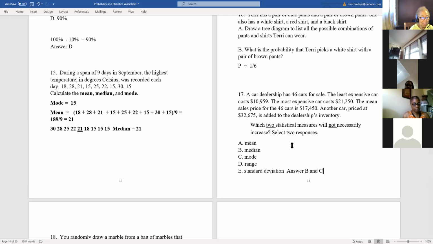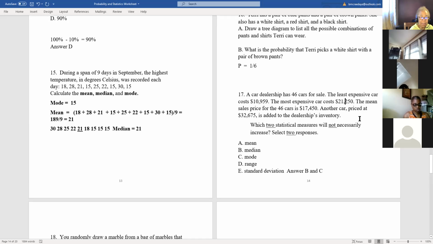Questions on 17? So the answer is B and C. The median will not necessarily increase, and we said the range would, because before you added this 32,675, your highest value was 21,250.